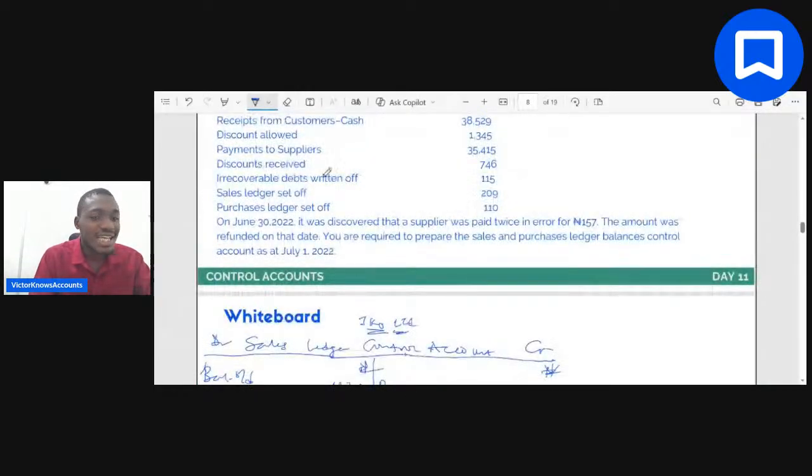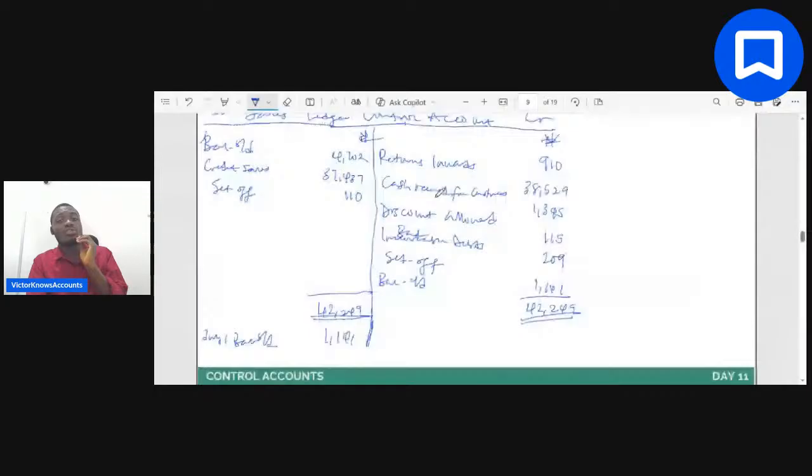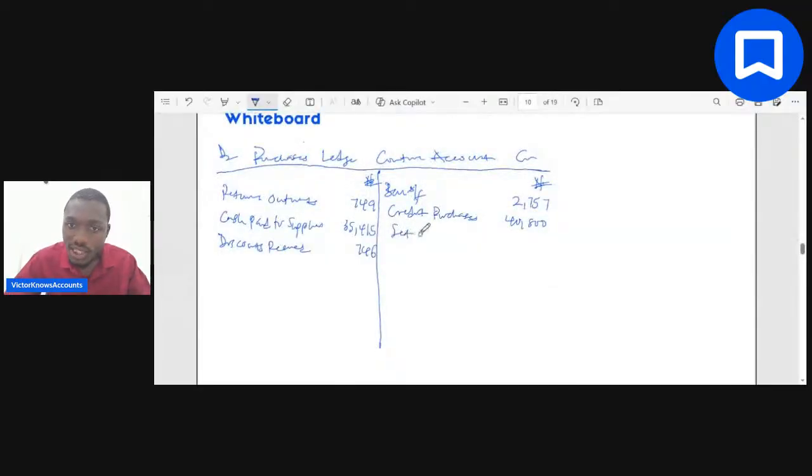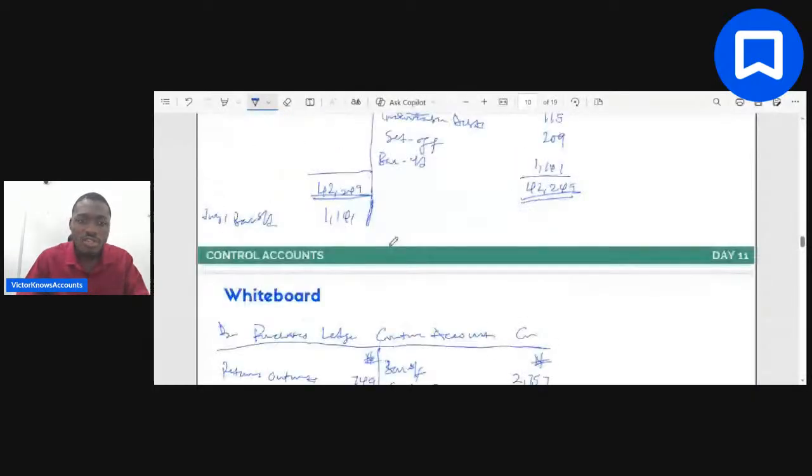Then sales ledger set off 209, purchase ledger set off 110. You see that this set off is on the credit side in the other account. According to double entry, every debit entry should have a corresponding credit entry. So you come here and say set off 110. Then there's another set off on the credit side there, so it has to come to the debit side here.